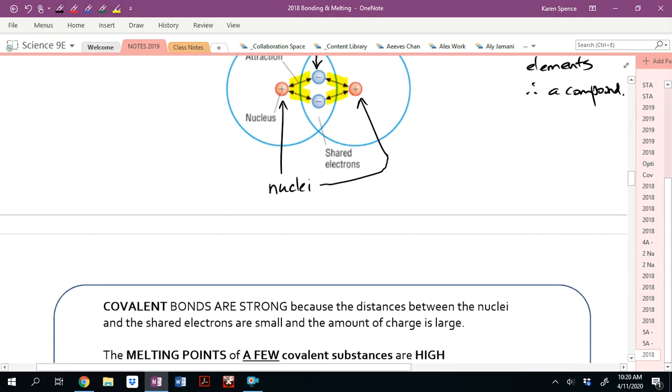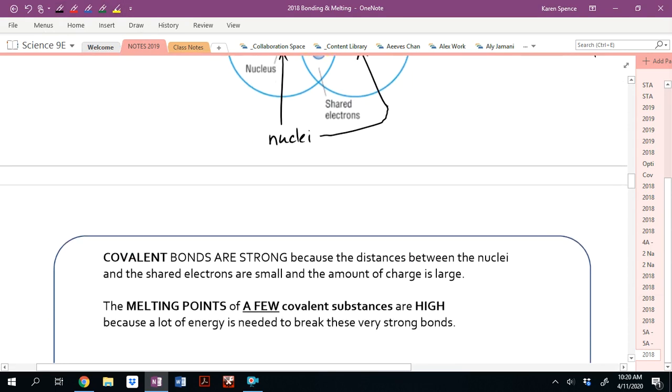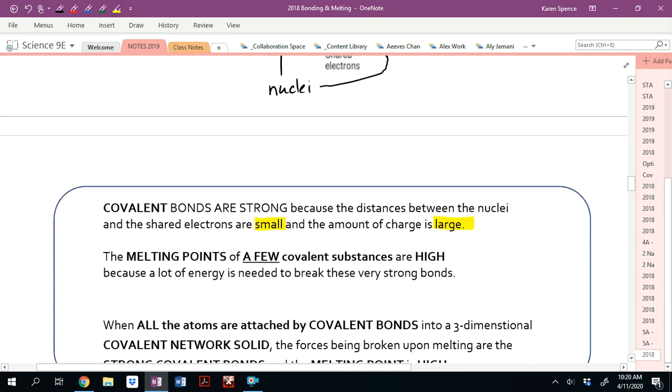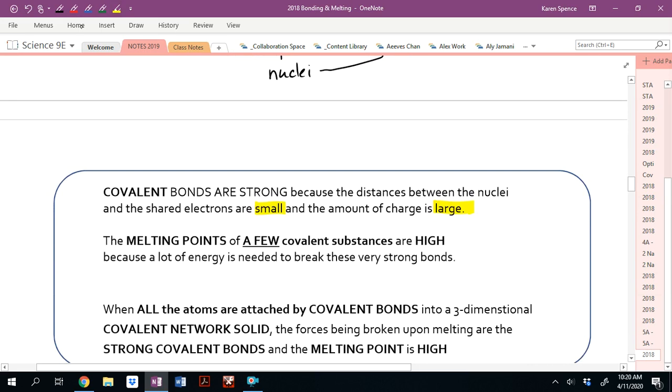Covalent bonds are really strong because the distance between the nuclei and the shared electrons is really small. The amount of charge is really large. Hopefully at this point you're getting the idea. If the distance is small and the charge is large, the forces are strong.